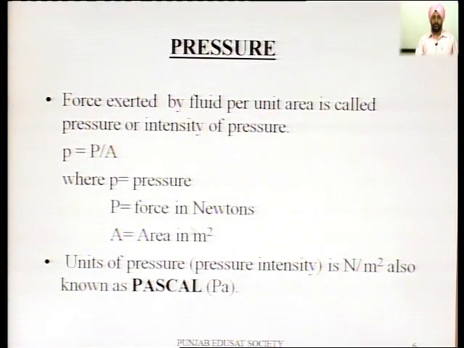Since the unit of force is Newton and the unit of area is meter square, we can write the unit of pressure or pressure intensity as Newtons per meter square. There is one more term which we call Pascal, denoted by capital P and small a. So 1 Pascal is equal to 1 Newton per meter square. We can use either of these terms, Pascal or Newton per meter square.